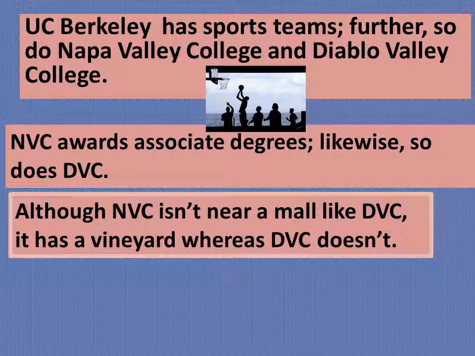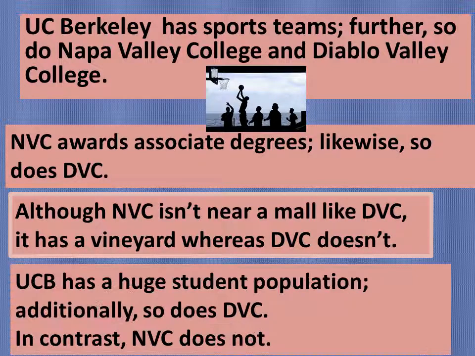Although NVC isn't near a mall like DVC, it has a vineyard, whereas DVC doesn't. So that's quite a complex sentence. The although shows that there's a difference, that NVC isn't near a mall. It has a vineyard, whereas DVC doesn't. So we have although and whereas showing 2 points of contrast in this sentence.